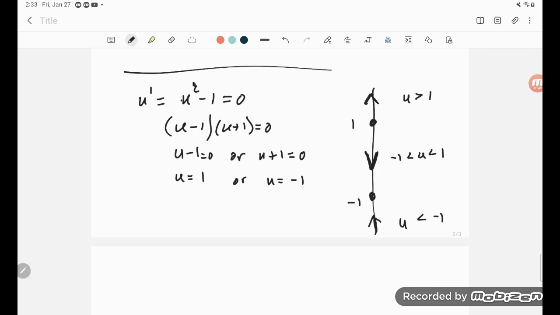And so what I can see is that this will have solutions heading toward it, like so. So this is going to be stable. But this has things heading away from it, like so. And so this is unstable.